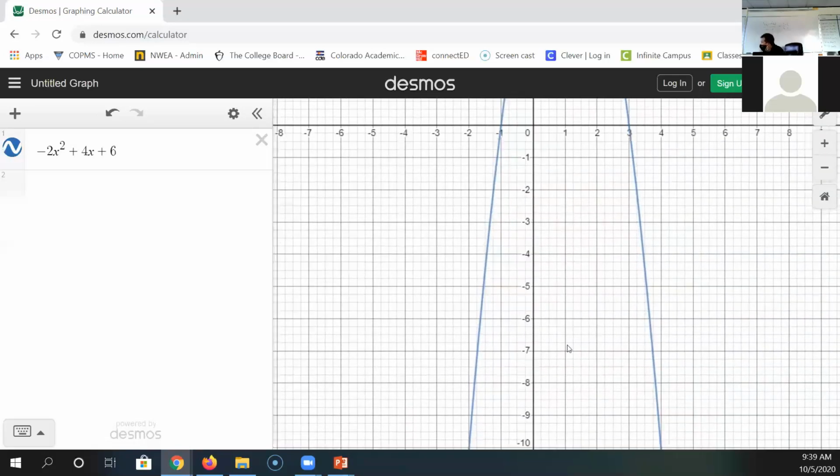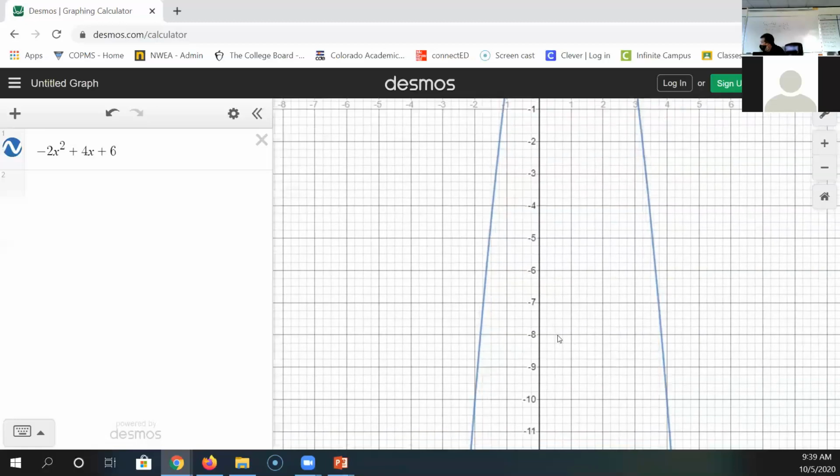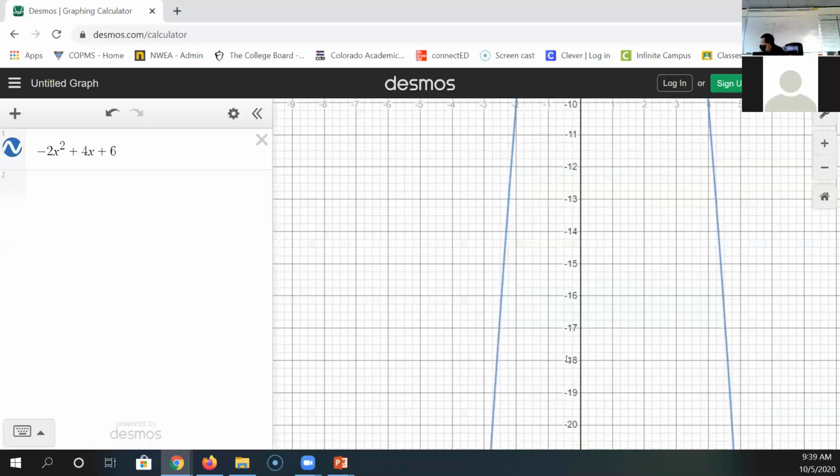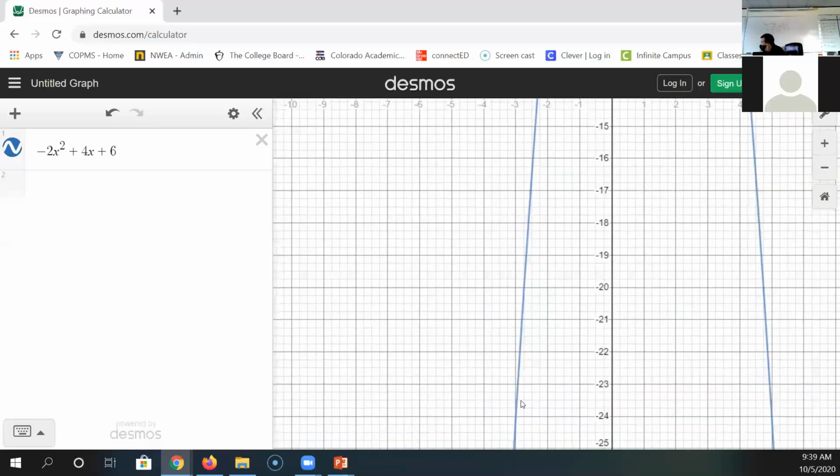But negative 3, it's this grid line, and you can see that it's going to fall way down here. Negative 2.7. Negative 3, negative 24.